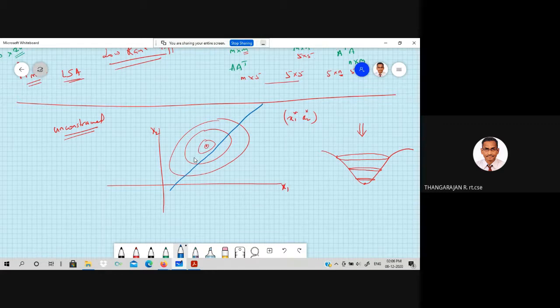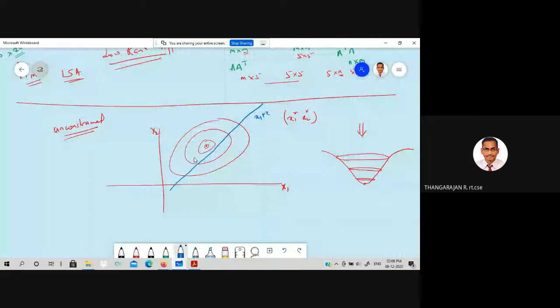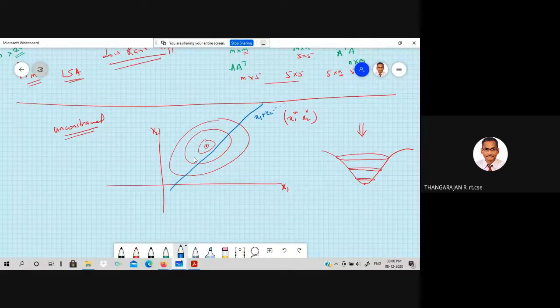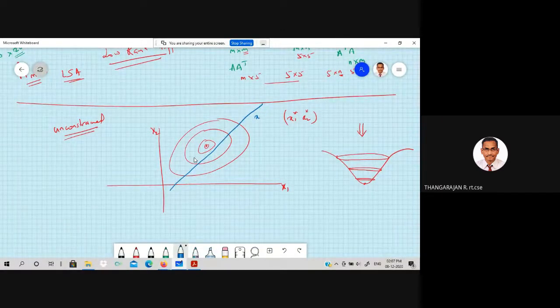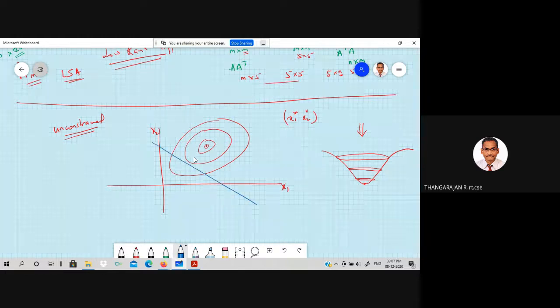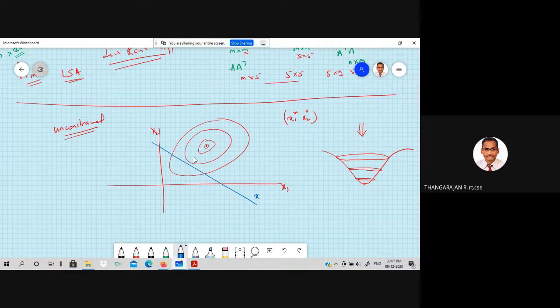This line has some equation, say x1 plus x2 equal to some c. So this is the line.